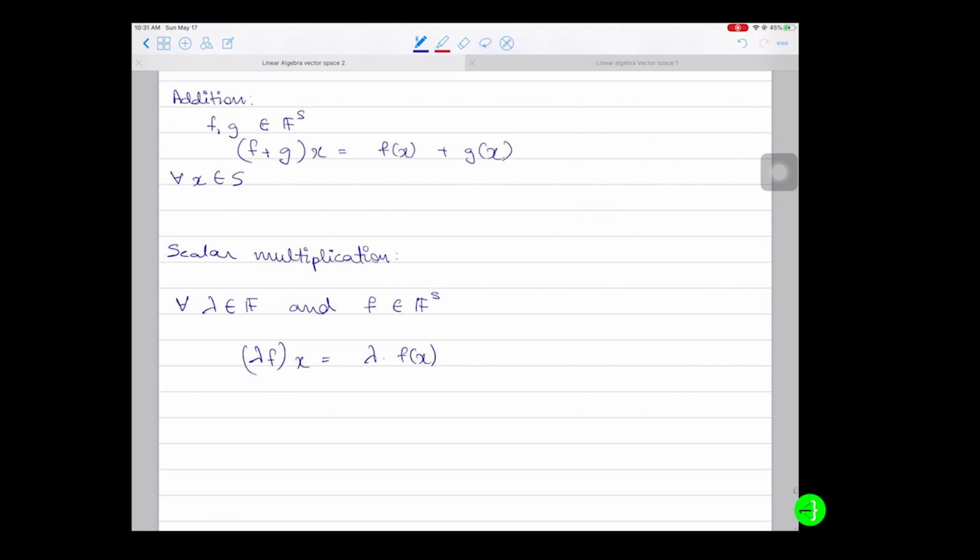Really easy, we have done this a lot of times, for all x belonging to the set S. And one thing is that the sum also belongs to the set F to the S, and over here the product also belongs to F to the S. It means that it is closed under addition and scalar multiplication.